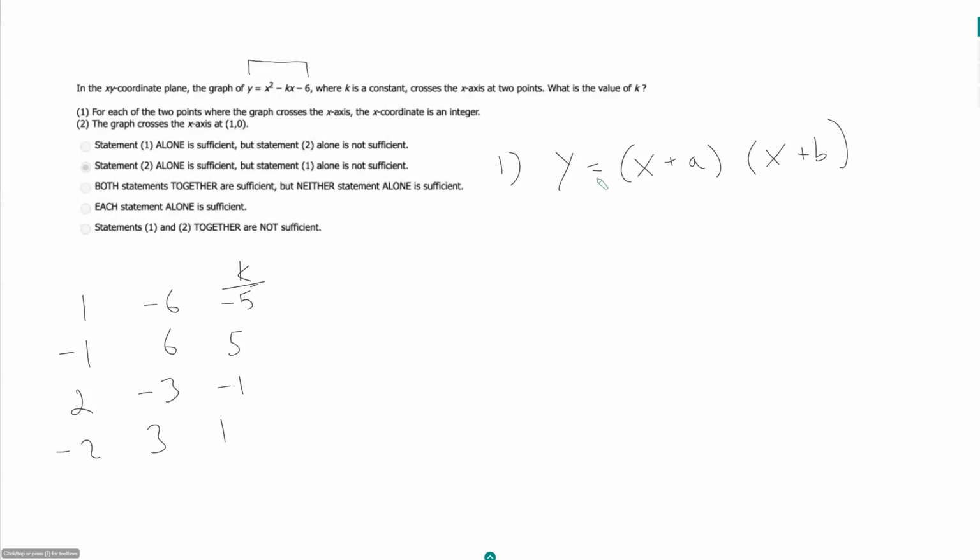So it looks here like I'm going to have a bunch of different possible values for k based on the different ways I can factor this equation. So if I also want to write out all the ways I can factor it, what would this be? I can have x minus 1 times x plus 6. x plus 1 times x minus 6.